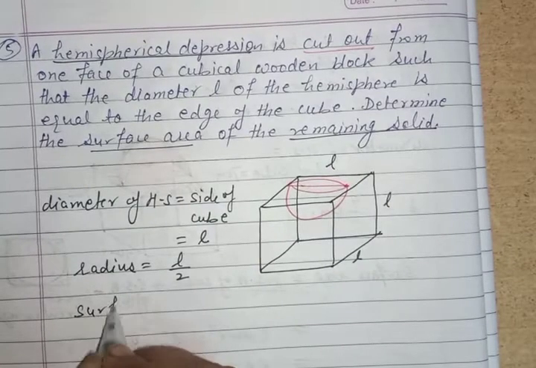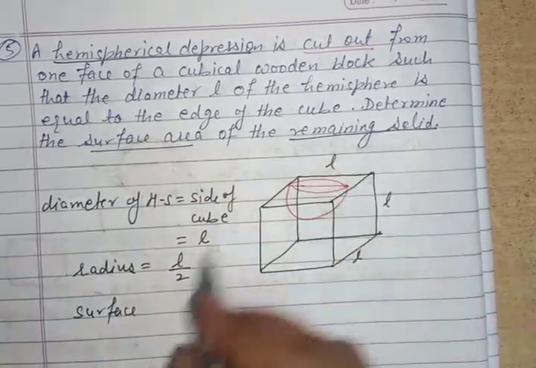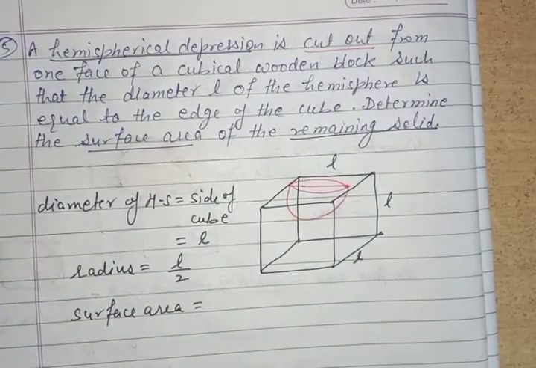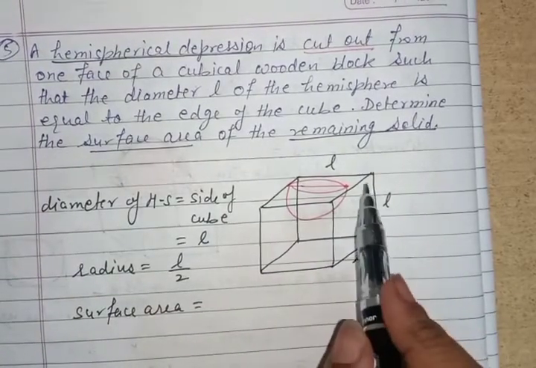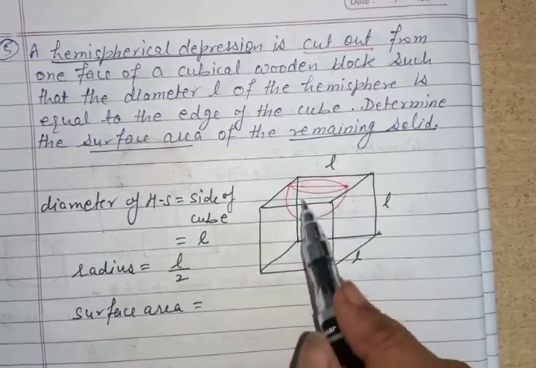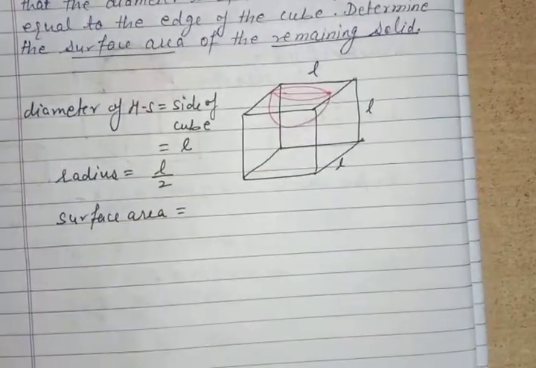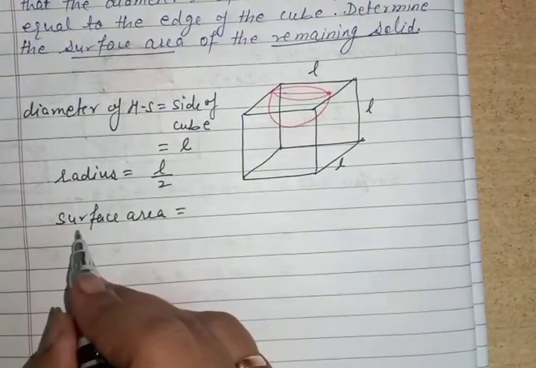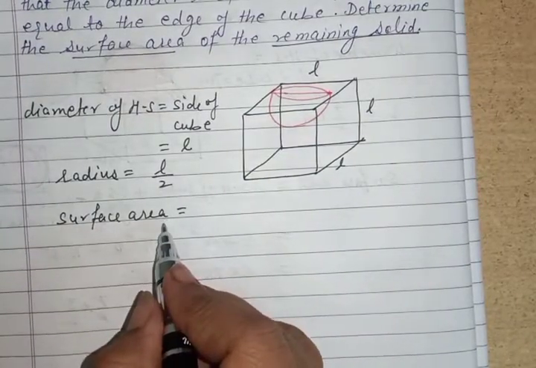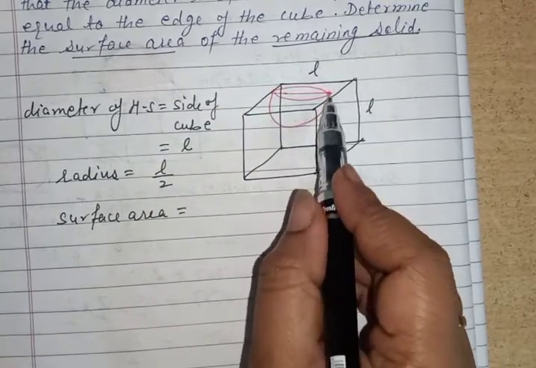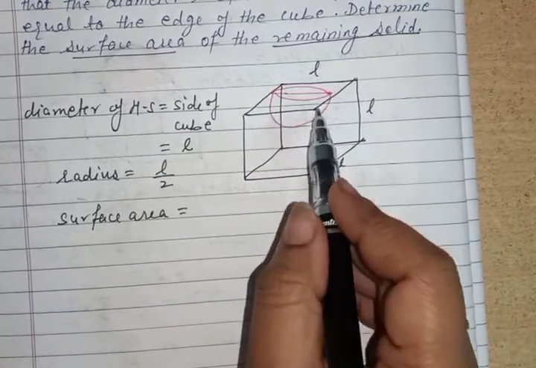Whenever the word remaining is there, students subtract. What do they do? They subtract surface area of cube minus surface area of hemisphere. But this is the case of volume, not the surface area. Whenever the words surface area are there, you need to check the exposed area in front of us.